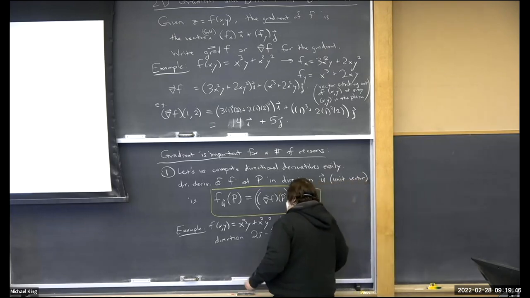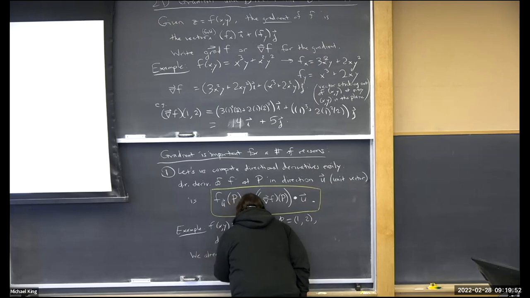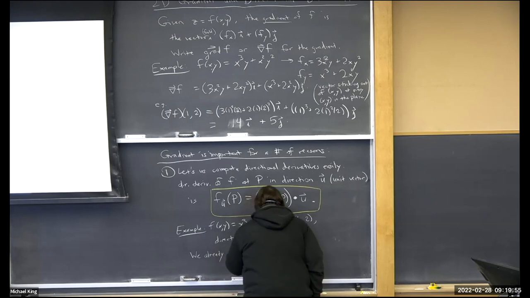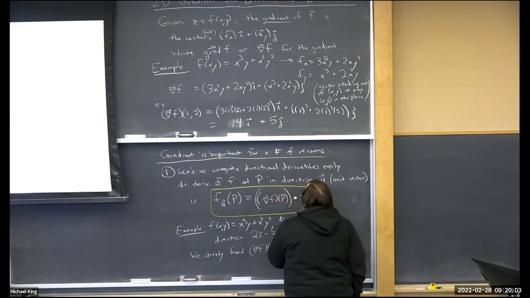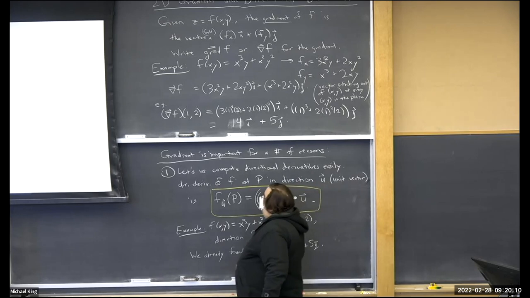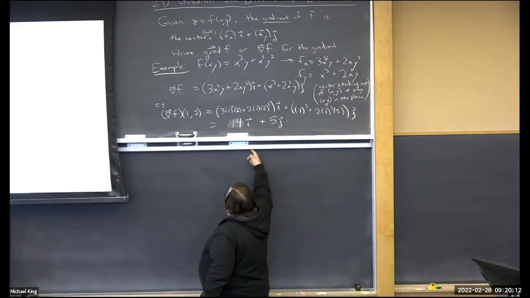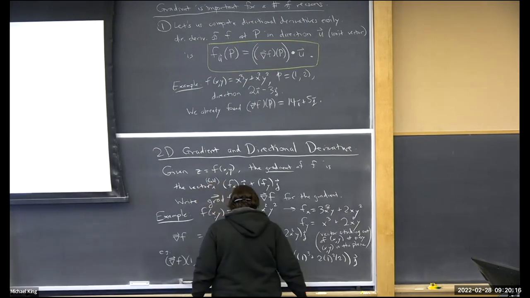So we already found the gradient of f at p is 14i plus 5j. But then we have to scale the direction vector to be a unit vector. And then we can compute the directional derivative.